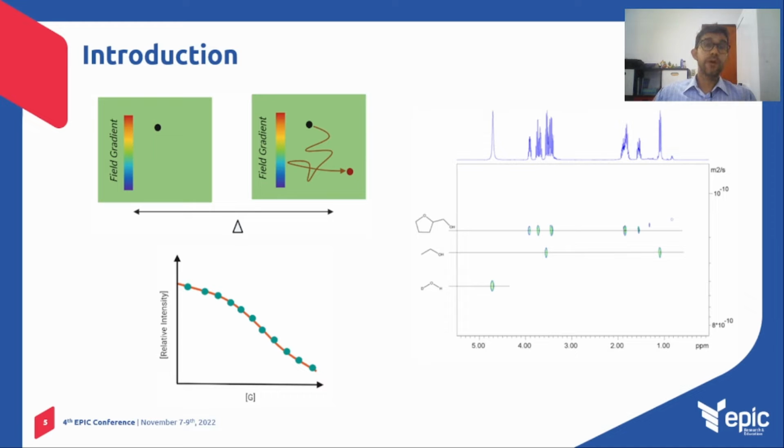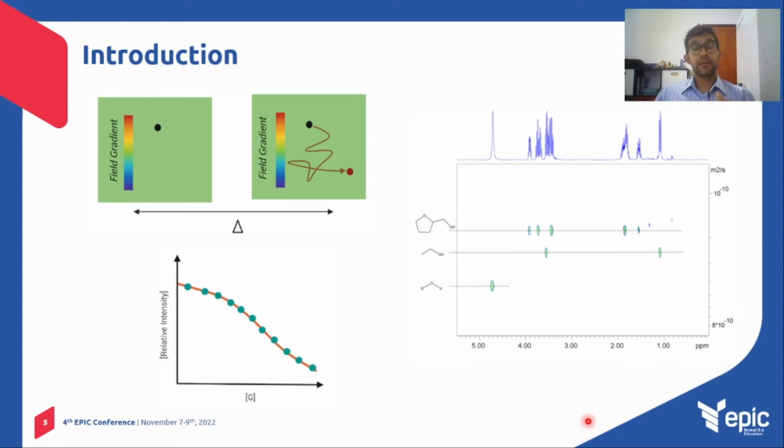A simple way to determine the diffusivity is using nuclear magnetic resonance, or NMR. In this case, we can determine the diffusivity from the relation between the relative intensity and the field gradient applied to the sample. It is a very powerful technique, and we can separate molecules if we have a mixture.